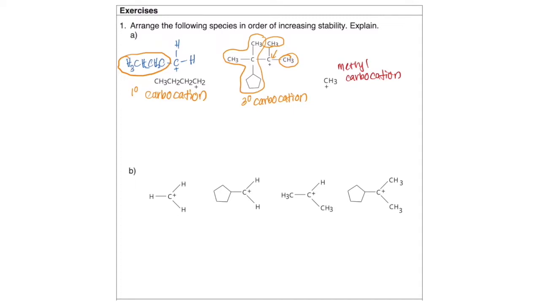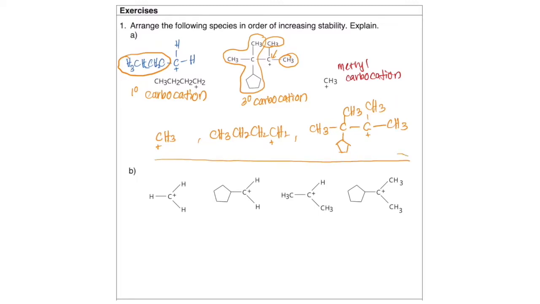Maka kita arrange lah. So we have CH3+, and then we have CH3CH2CH2+, and then we have this one, the big one, CH3, C, CH3, CH3, positive here. So this is the tertiary. Ini dia punya order.